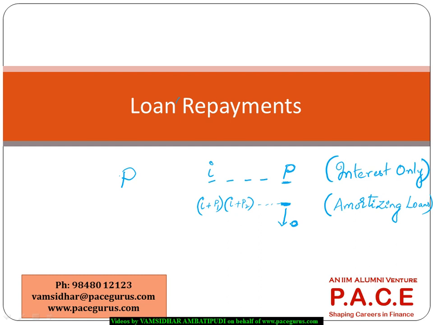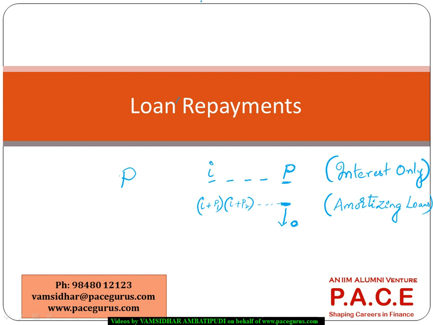So instead of paying all the principal towards the end, this amortizing mechanism involves repaying the principal in parts, with some portion of the principal repaid along with the interest on every installment.